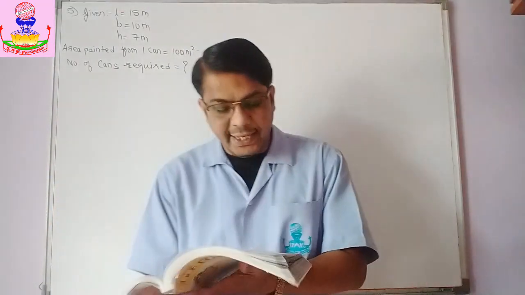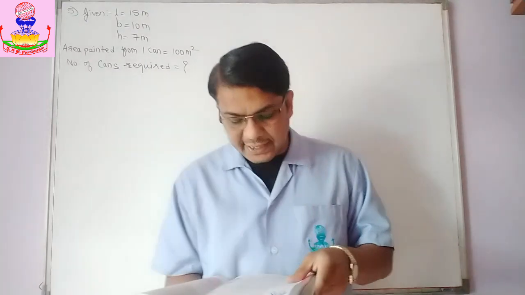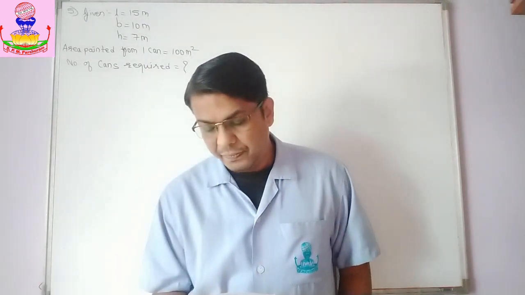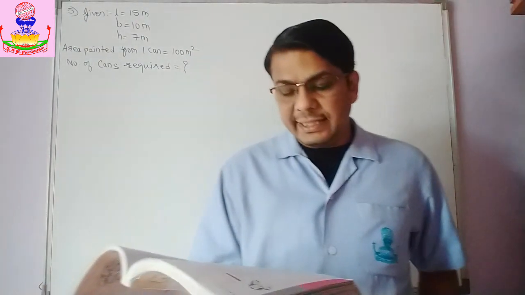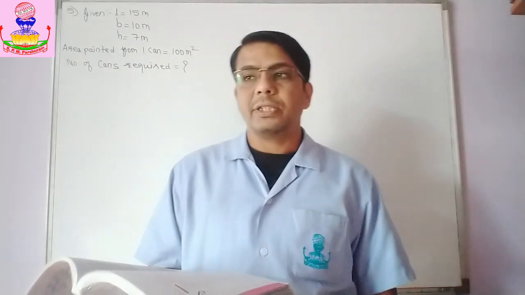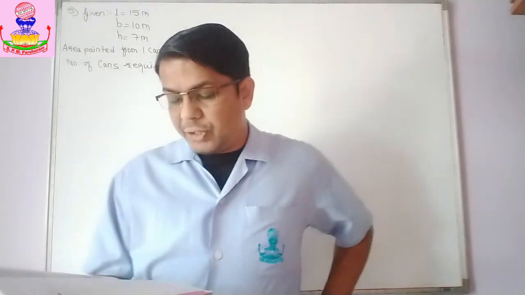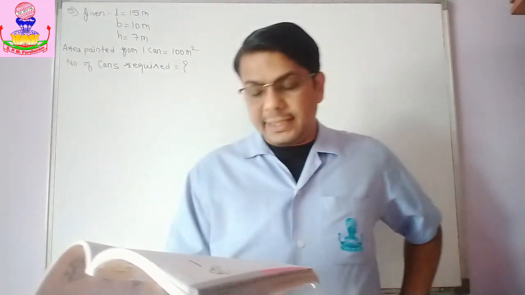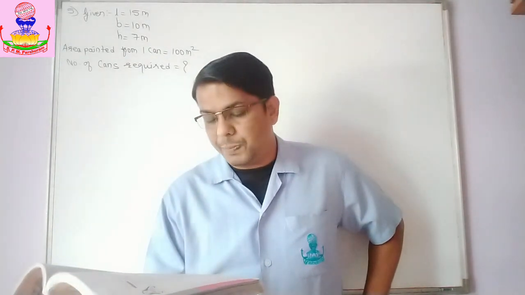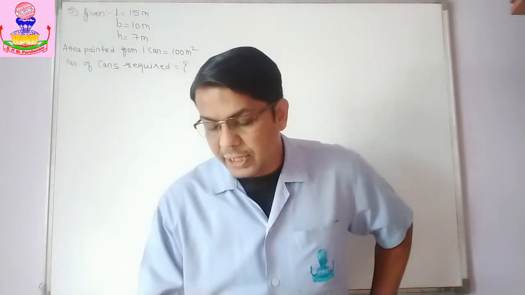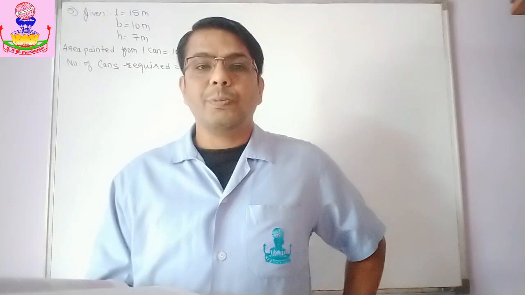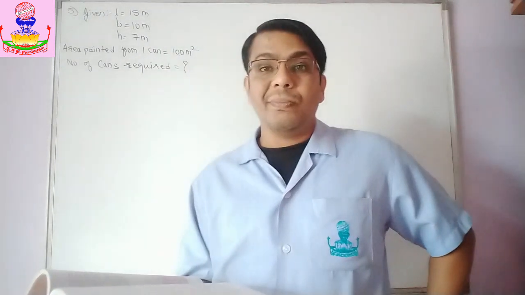Now say fifth one. Daniel is painting the walls and ceiling of a cuboidal hall with length, breadth and height of 15 meters, 10 meters and 7 meters respectively. From each can of paint, 100 meters square of area is painted. How many cans of paint will she need to paint the room?